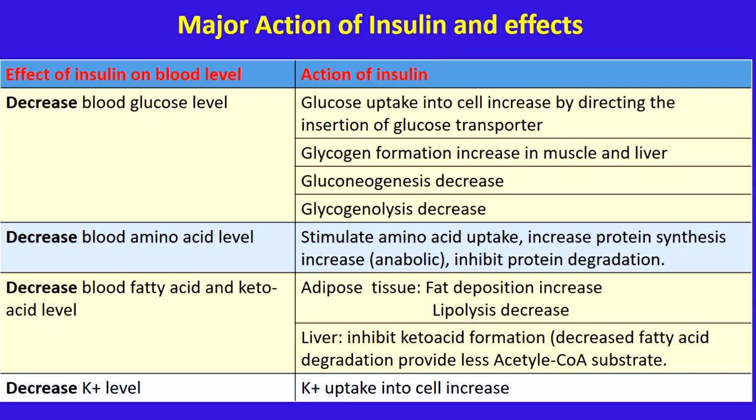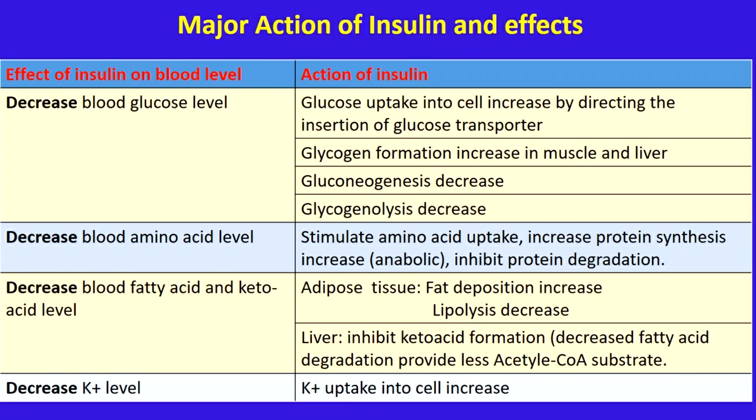Same thing in the adipose tissue. Insulin increases fat deposition and decreases lipolysis. The lipolysis, the breaking down of fatty acid, is reduced. That happens in adipose tissue. And in the liver, insulin inhibits keto acid formation.